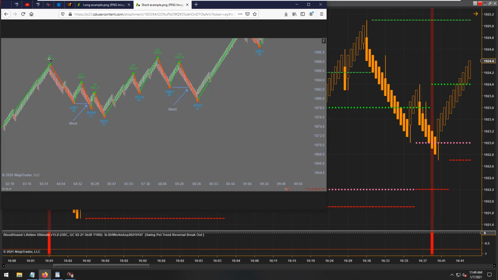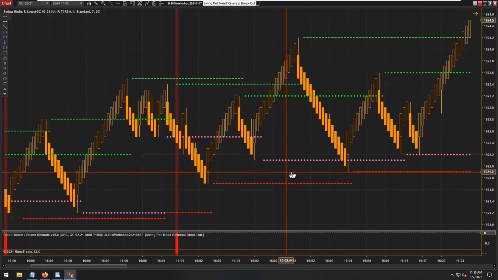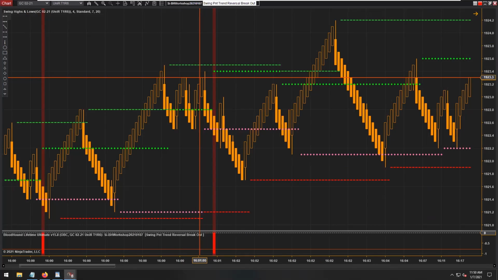We need a higher high, a higher low, and a lower high. So we got our higher high. We do have our higher low, and we have our lower high. And bingo, a crossover, price crossing over that swing low. Okay, yeah, so that looks correct. And let's see what else we got here.